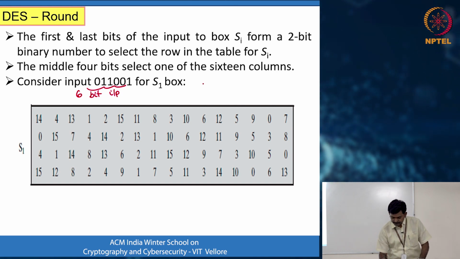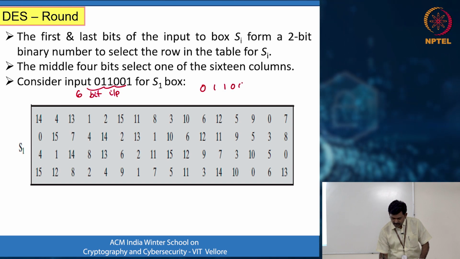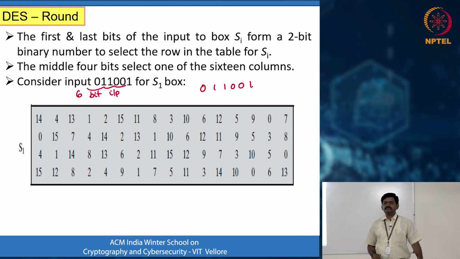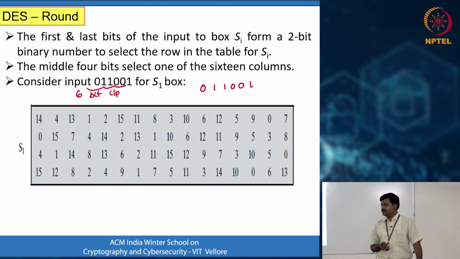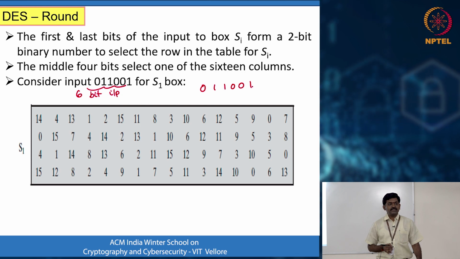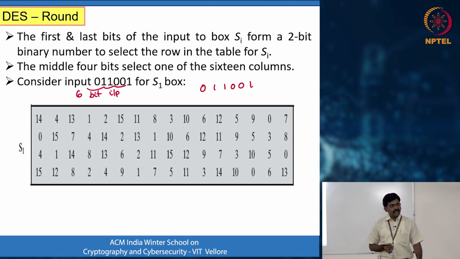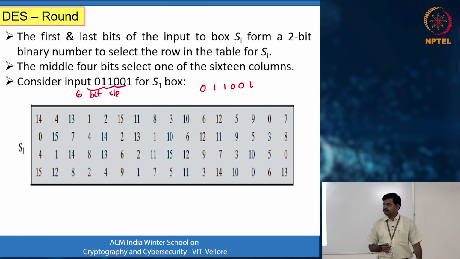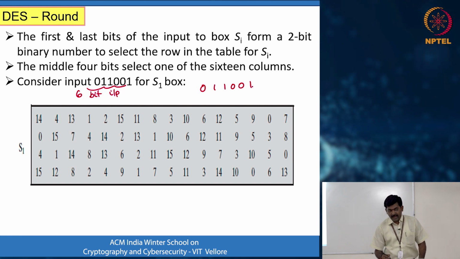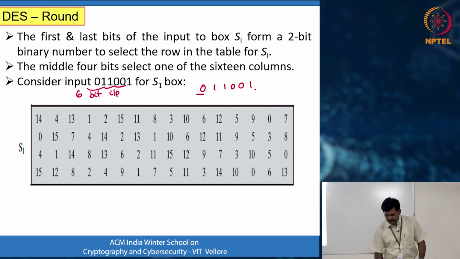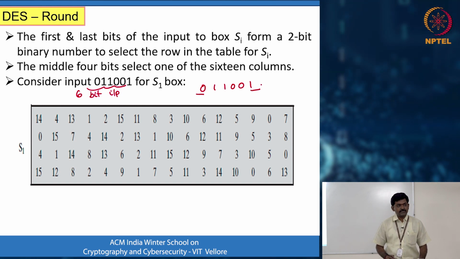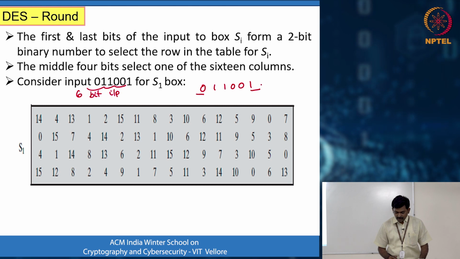So input is 0, 1, 1, 0, 0, 1. As per the logic we discussed a few minutes back, what should you do? You should take the leftmost and the rightmost bits, which constitute your row.